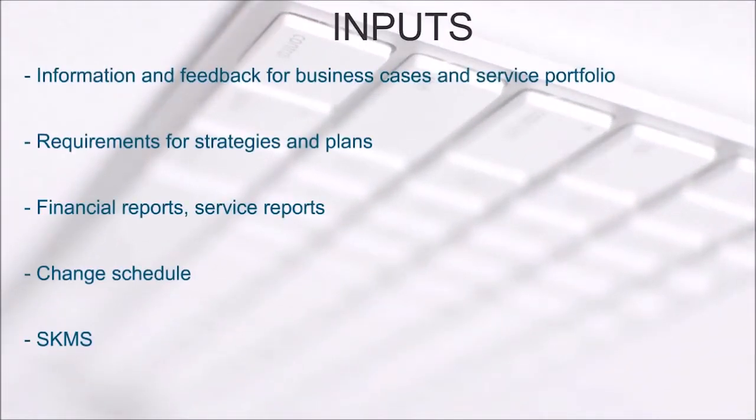These include information and feedback for business cases and service portfolio, requirements for strategies and plans, financial reports, service reports, the change schedule, and the Service Knowledge Management System, or SKMS.